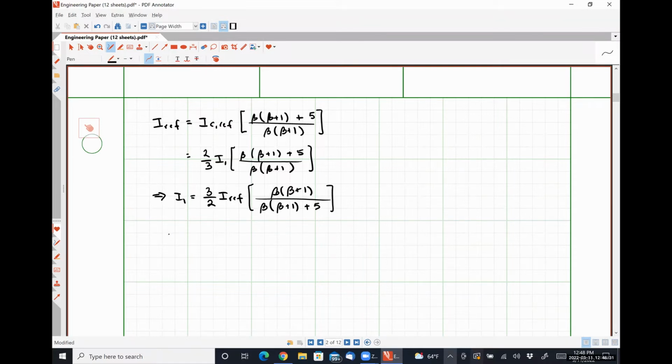And our error then comes out to be 1 minus beta times beta plus 1 over beta times beta plus 1 plus 5, which in this case is 0.0495%.